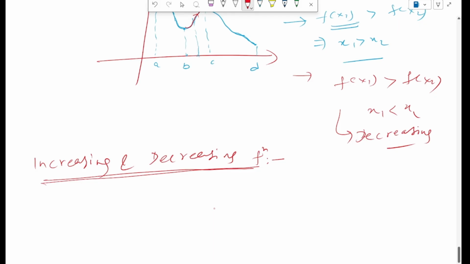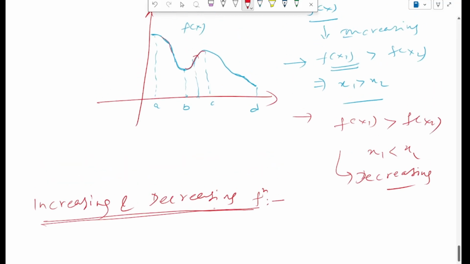When we say a function is increasing or decreasing, it is based on intuition and on the values that the function is producing by putting different values of x. If it is giving us a larger value with increasing x, then we say the function is increasing.